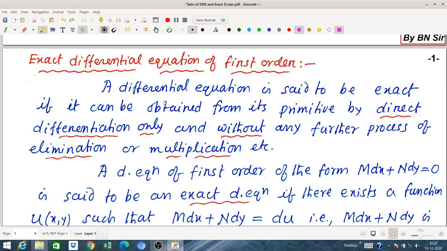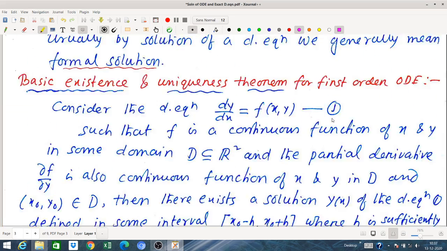A differential equation is said to be exact if it can be obtained from its primitive, meaning the original relation given.